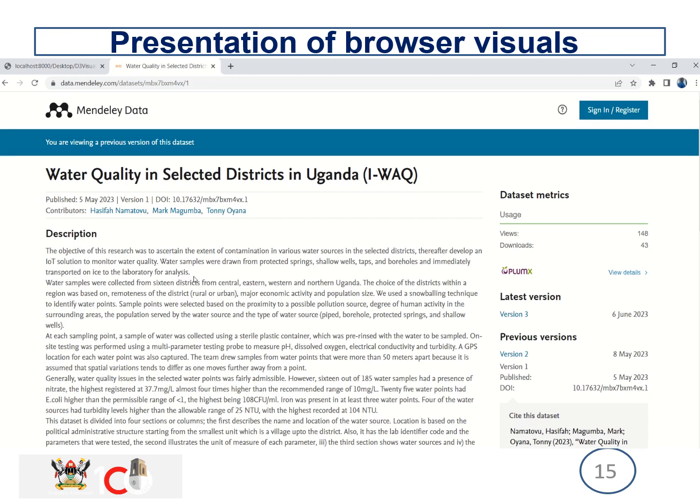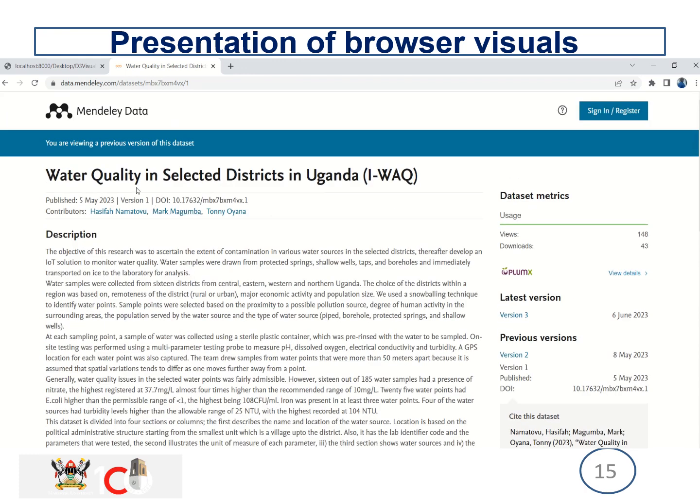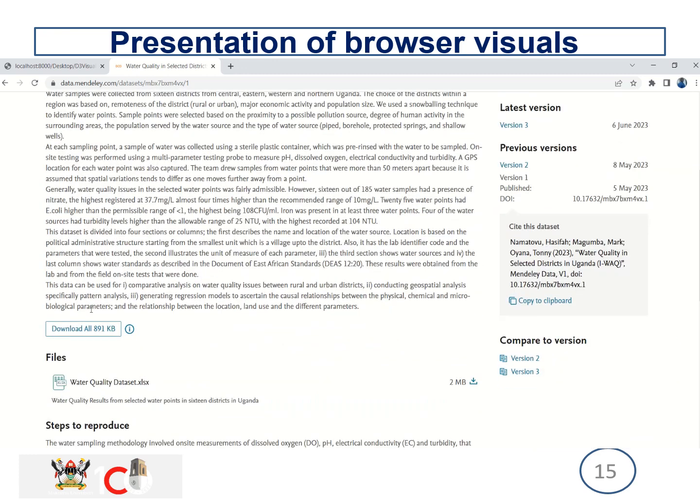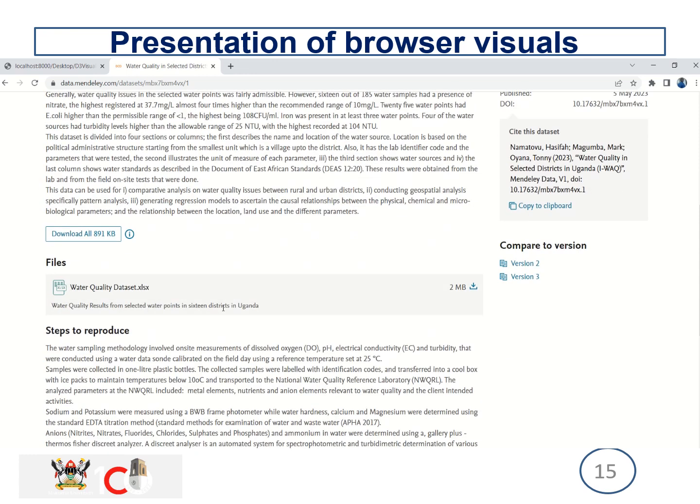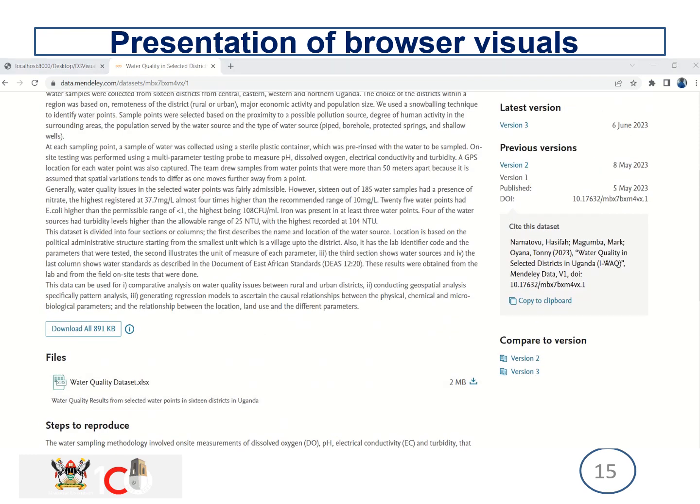The data set for visualization was got from this website of data, and it is about 891 KB in size.